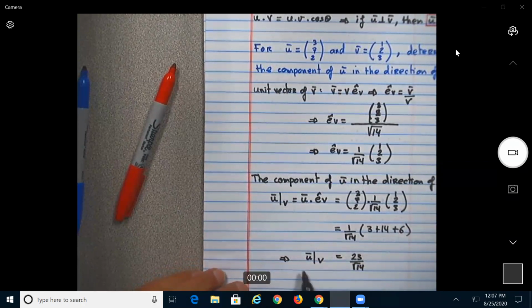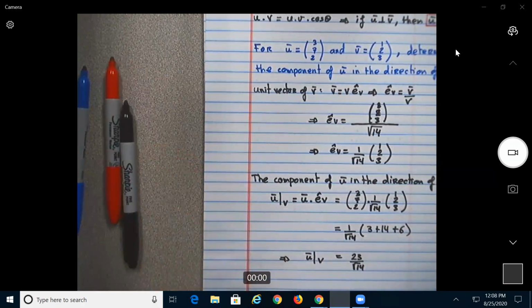So the component of U along the V direction will be 23 over square root of 14. The application in statics was, if you want to find the component of a force in one direction, you take the dot product of the force with the unit vector of that direction.